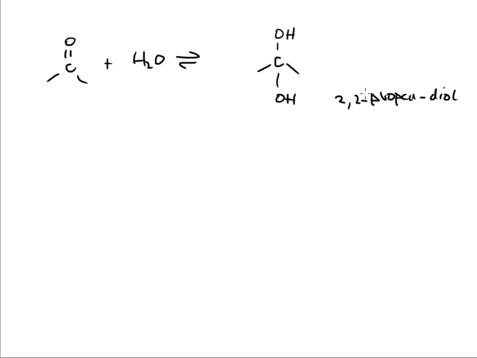So 2,2-propanediol is going to be the name. Now, did I have to put a hyphen there? No, you can squeeze them all together if that's what you want to do. That's perfectly fine. I don't care. But if you do that, you probably would want to keep the E at the end and call it propanediol. That's probably a little bit more appropriate. It makes it look a little bit better and not as strange to bump the N and the D side by side.